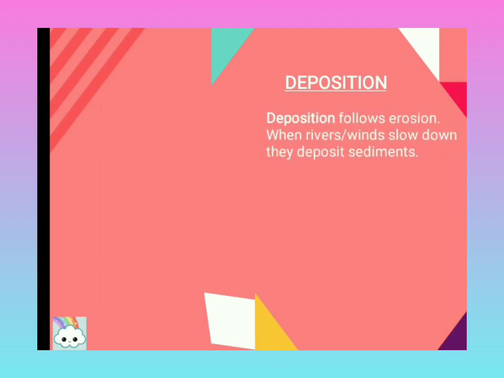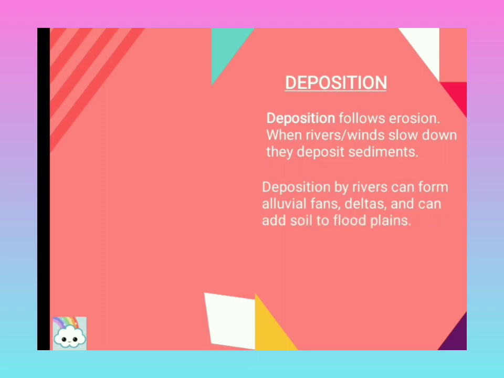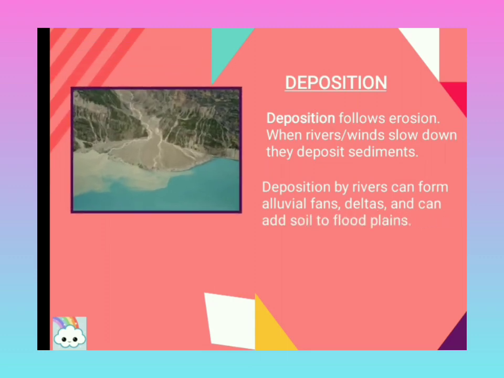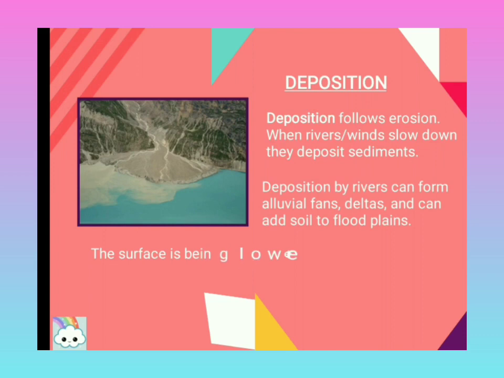The third one is deposition. Deposition follows erosion. When rivers and winds slow down, they deposit sediments. Deposition by rivers can form alluvial fans, deltas, and can add soil to floodplains.